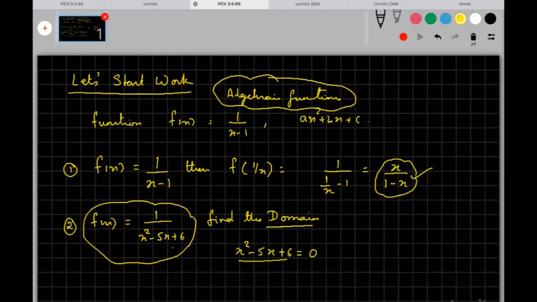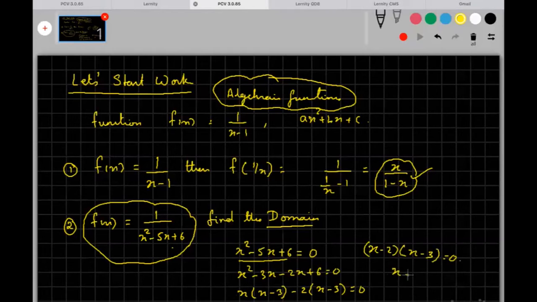Then this is a quadratic. So I can write this as x square minus 3x minus 2x plus 6 is equal to 0. So I can write it as x minus 3 minus 2 into x minus 3 is equal to 0. So you have x minus 2 into x minus 3 is equal to 0. So you have x is equal to 2, x is equal to 3.